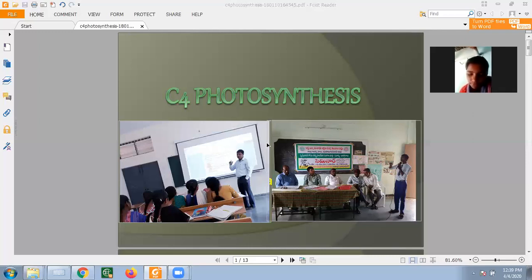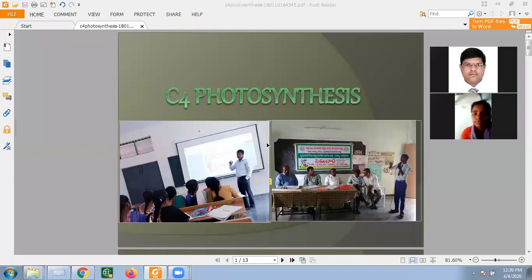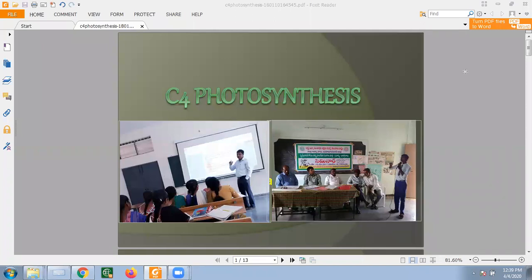It is a process of CO2 fixation, and it is also considered an alternative cycle to the C3 cycle. The C4 pathway was worked out by Hatch and Slack in 1966. Hence, the C4 cycle is also called the Hatch-Slack cycle. It is also termed the C4 dicarboxylic acid pathway.